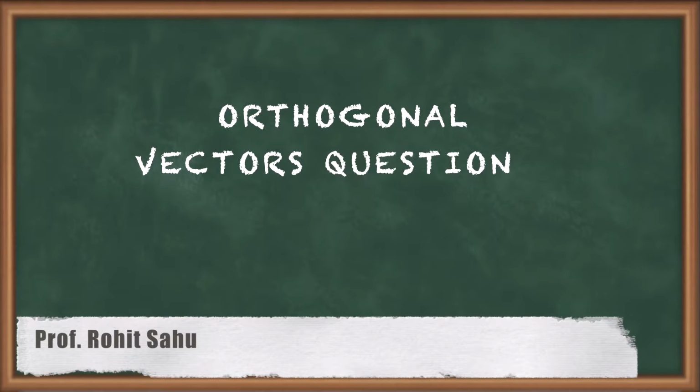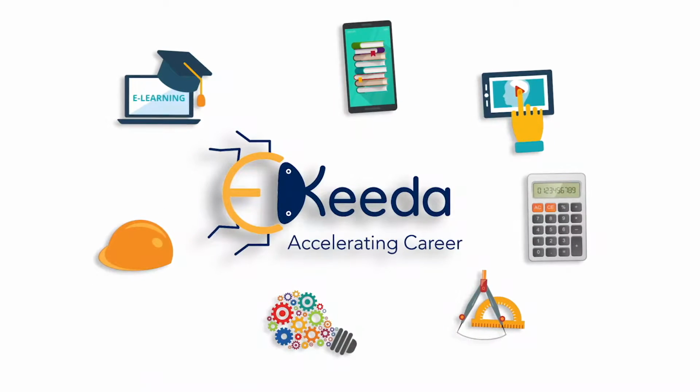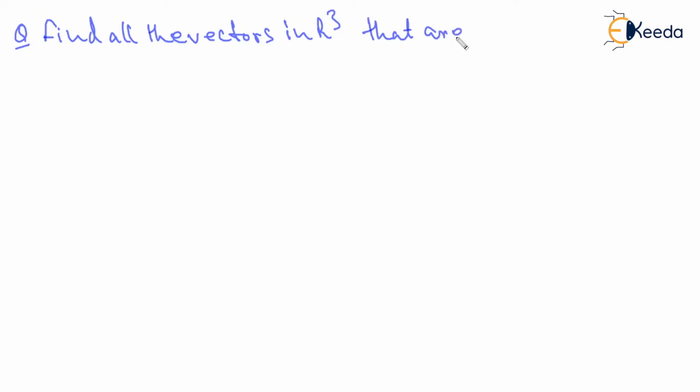So this question on orthogonality, or orthogonal vectors, says: find all the vectors in R3 that are orthogonal to (1, 1, 1) and (1, -1, 0).